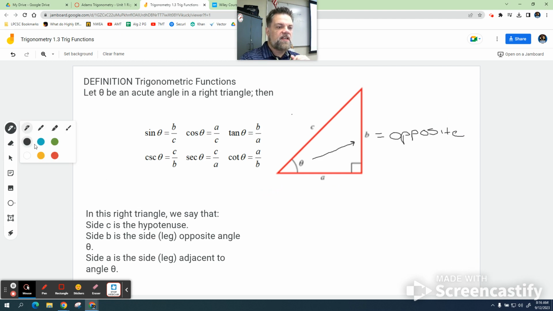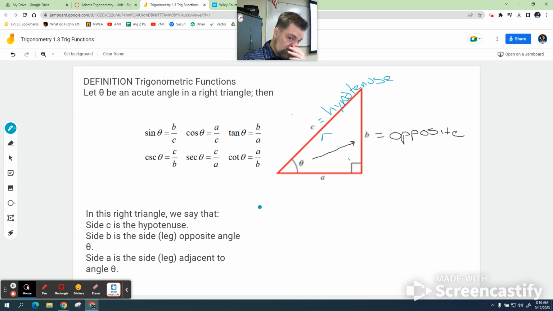Now, the side across from the 90-degree angle, because the 90-degree angle is the largest angle, right? This one here is the hypotenuse. Ran out of slide there.